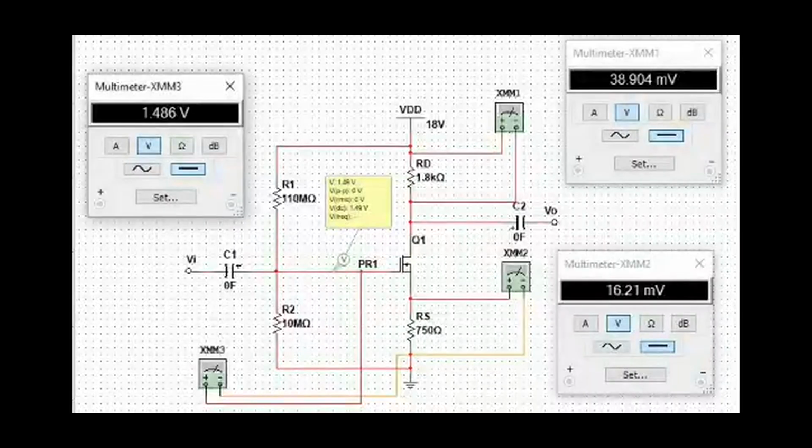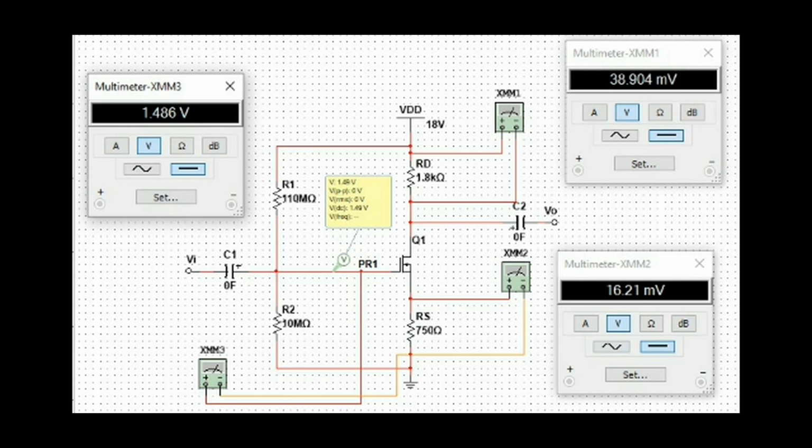Here is the simulation of the D-MOSFET voltage divider circuit. As we can see, multimeter 1 is to measure voltage at RD, multimeter 2 is to measure voltage at RS, and multimeter 3 is to measure the voltage value of VGS.